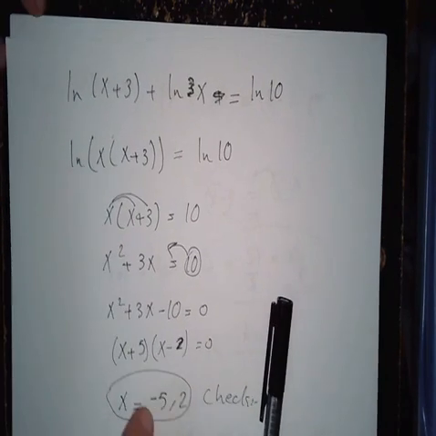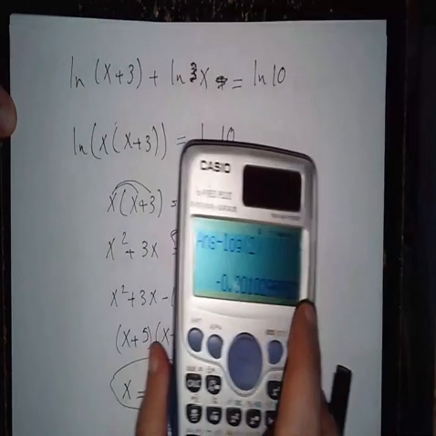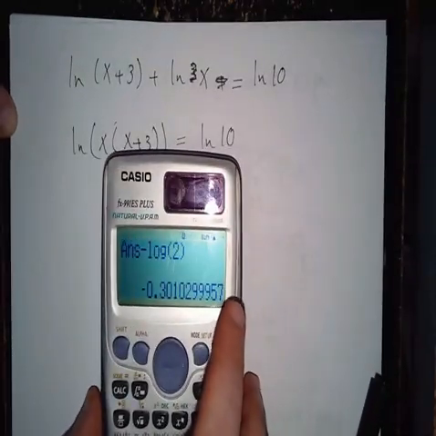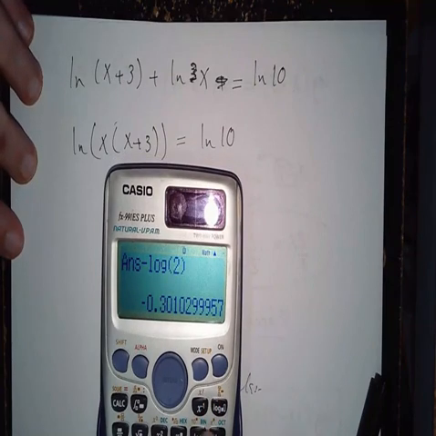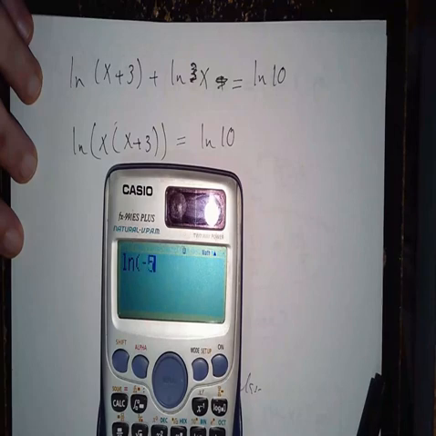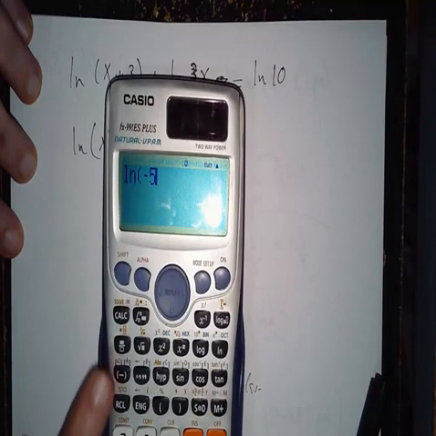Now, let me demonstrate why we don't do it here. Okay, here's my calculator. The number I'm plugging in is negative 5, yes? So, it's a natural log of negative 5. It's right here. In case you're using a calculator, you can't see it. Okay, this is a negative 1.